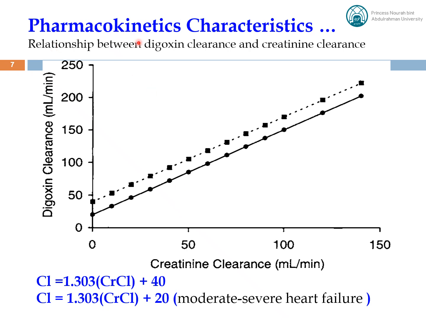So the relationship between the digoxin clearance and the creatinine clearance, as it is mainly eliminated through the renal route, is a direct relationship between the digoxin clearance, the unit is milliliters per minute, with creatinine clearance of the kidney, or of the renal functionality, measured as milliliter per minute.